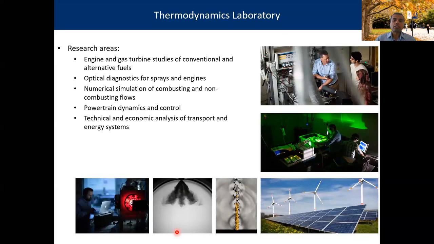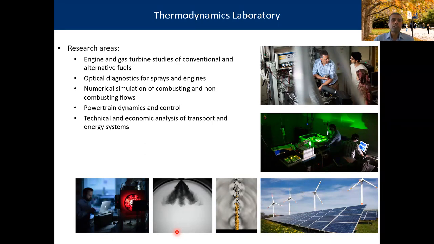All right, so let me introduce the Thermodynamics Lab at the University of Melbourne briefly. We work on a number of problems in the Thermodynamics Lab. Broadly speaking, all of them are energy-related topics. Engines and gas turbines are two forms of energy technologies that we are interested in. We study these devices with conventional and alternative fuels. For example, hydrogen and natural gas are two forms of alternative fuels that we're looking at.